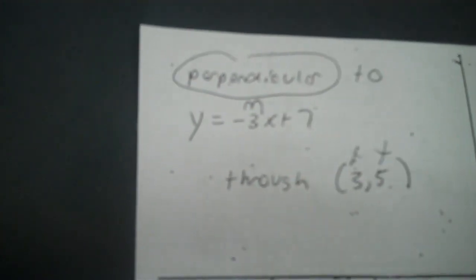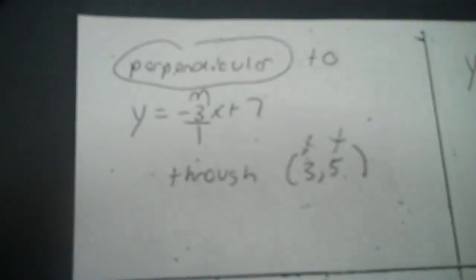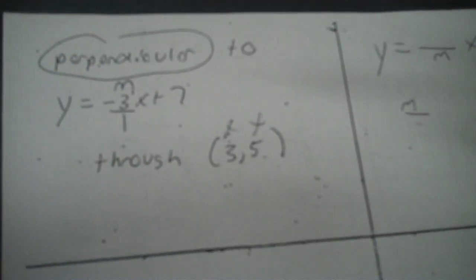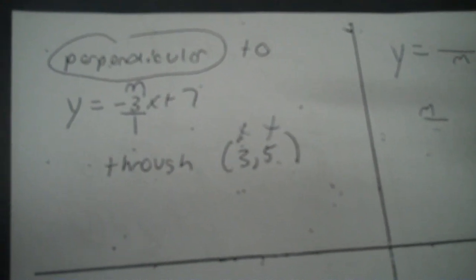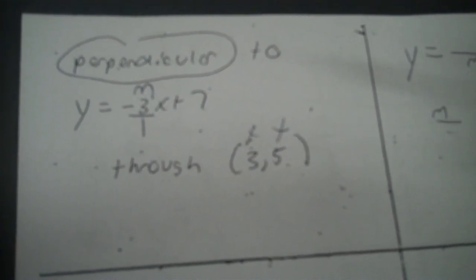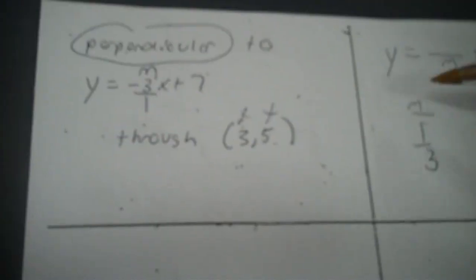I don't care about the plus 7. Now, perpendicular, you need your m over here to be a fraction. So you're going to put a fraction, but then you need to reciprocate the fraction. So what's the reciprocal of 3 over 1? That'd be 1 over 3. And another thing we have to watch out for, if we have a negative here, we're going to have a positive here. So my m is 1/3.